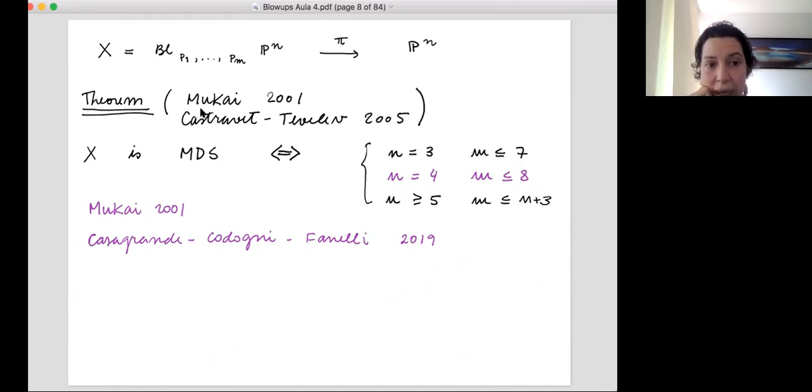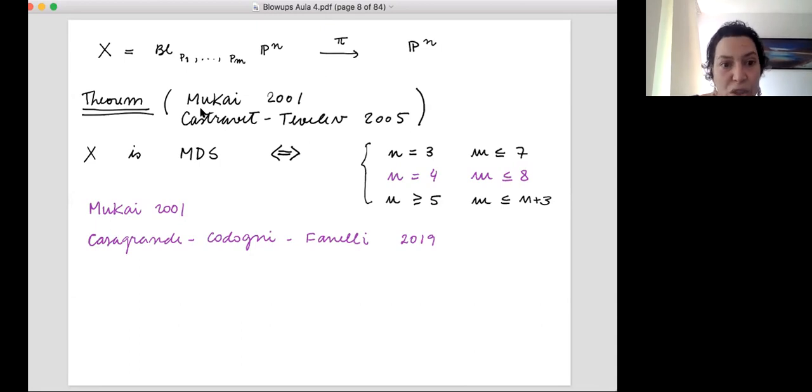And Mukai again observed in 2001 that this fourfold can be realized again as a moduli space. So this was observed by Mukai in 2001, but this construction was carried out in great detail by Casagrande, Codogni, and Fanelli in 2019.